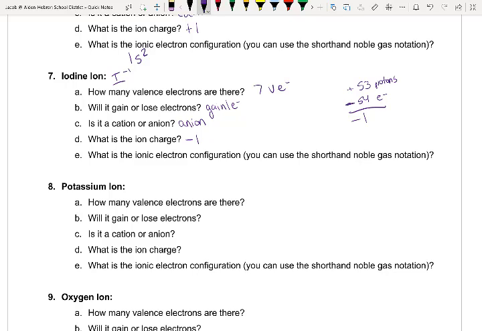And then you can write the ionic electron configuration. I would again use the shorthand, so start with krypton. From there, you would be at 5s2, 4d10, and then 5p6 to get all the way across to that full outermost shell.